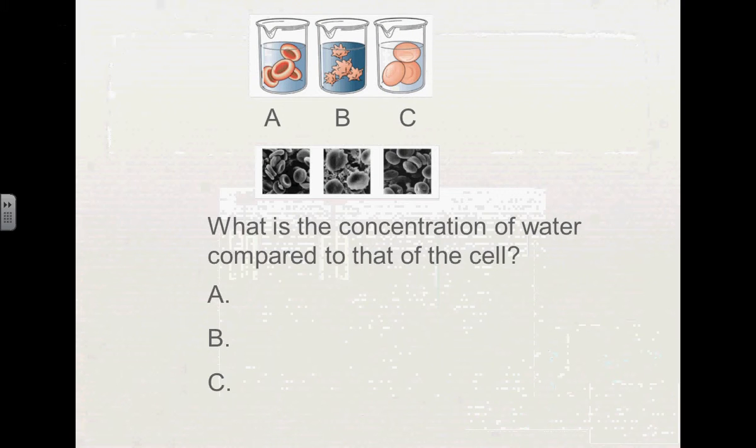Now, osmosis becomes very important to our own health even. In fact, you can use osmosis to explain lots of things. Why you put your contacts in saline solution instead of just water. Why you get thirsty after you eat salty foods.